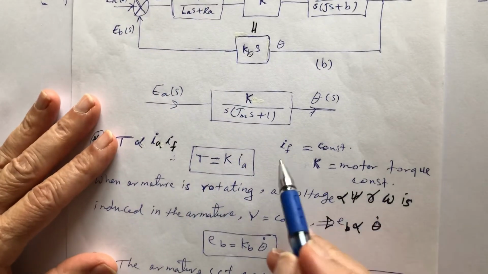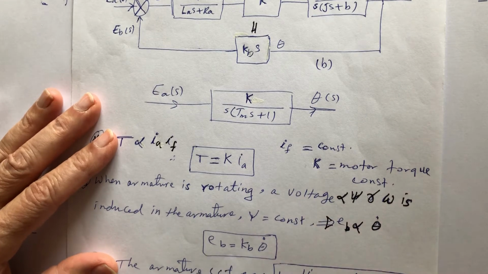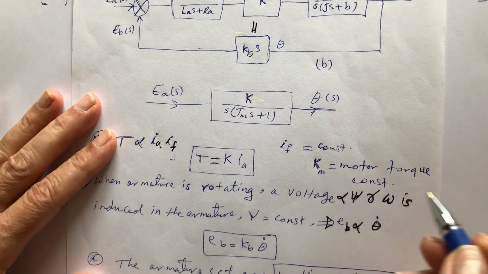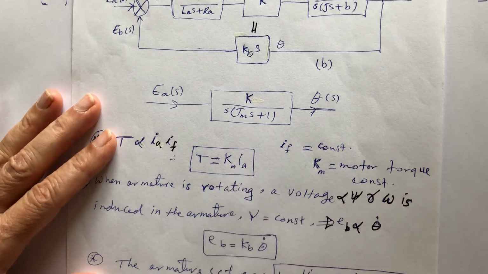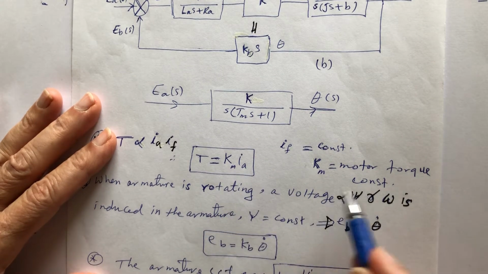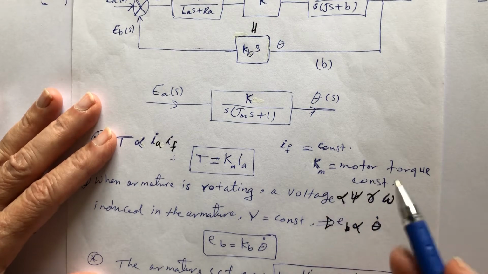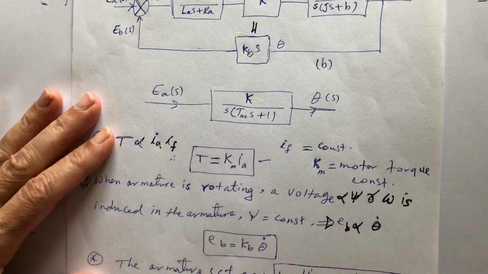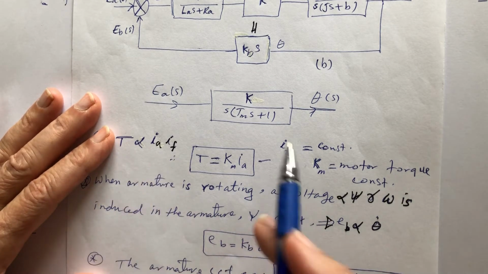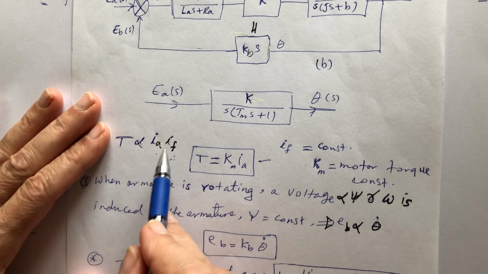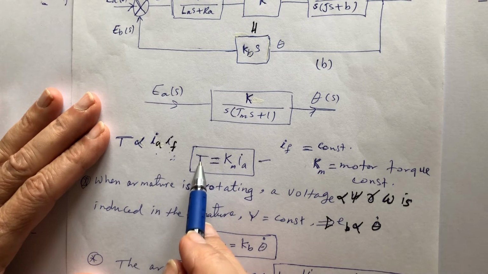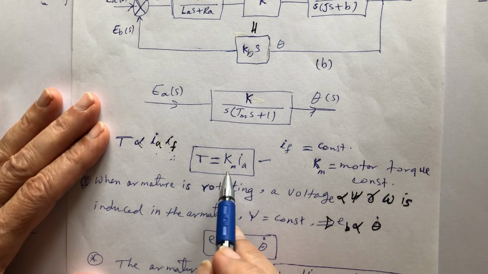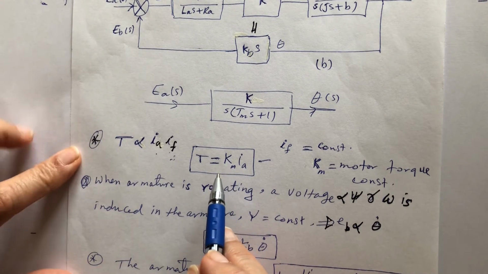So we take a motor constant, let's call it Km, the motor torque constant, sometimes called K tau. This is the first equation: the torque is proportional to IA times IF, and because IF is constant, T equals Km IA.